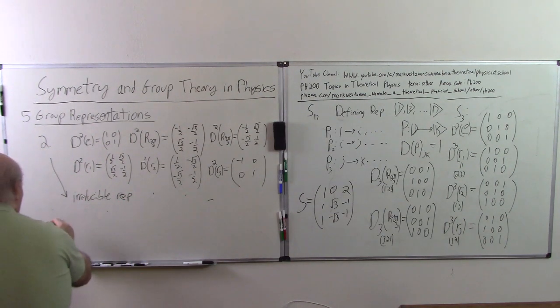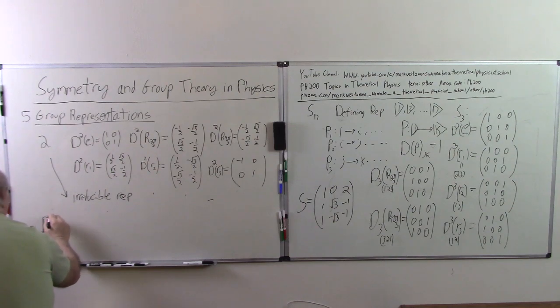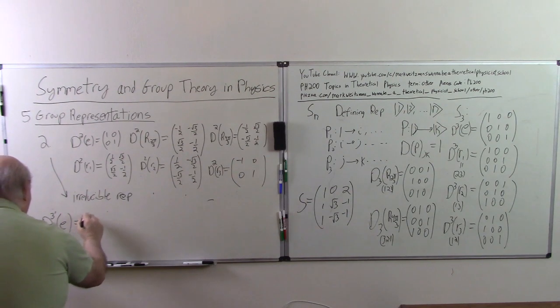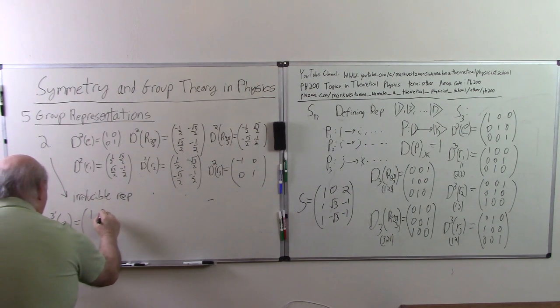And the reduction is as follows. I'm going to call it D3 prime, even though nothing's ever going to happen to the identity.